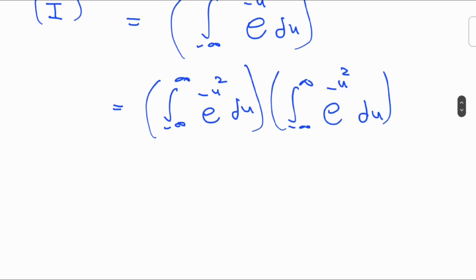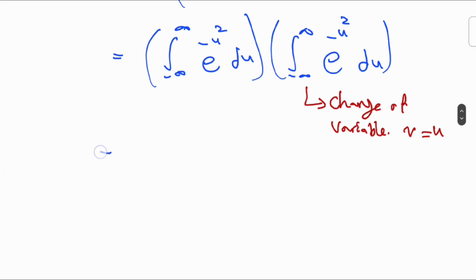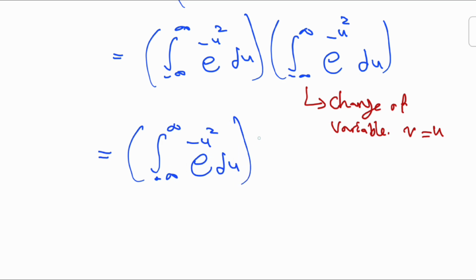Because they are two independent integrals, I can do a change of variable here and make v equal to u. In this case, this becomes the integral of e to the minus u square du times the integral from minus infinity to infinity of e to the minus v square dv.